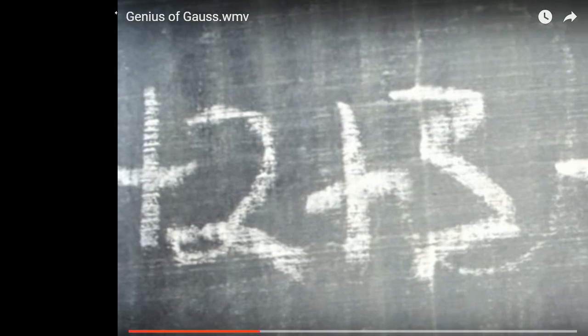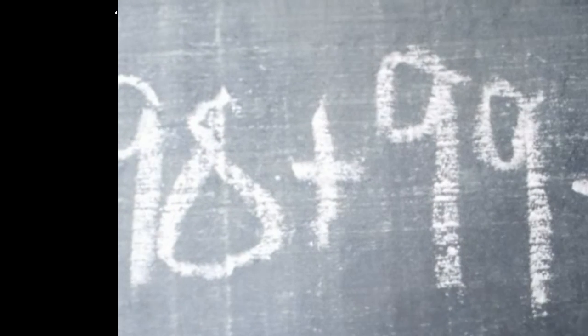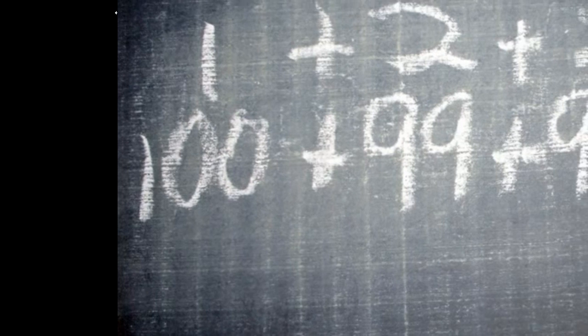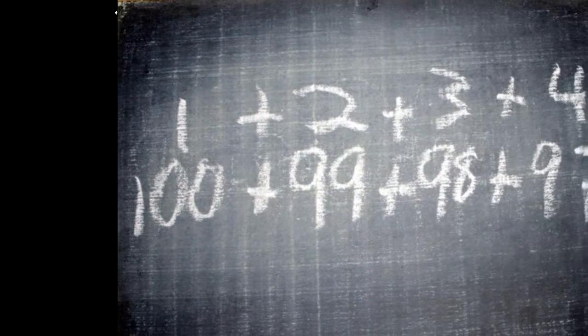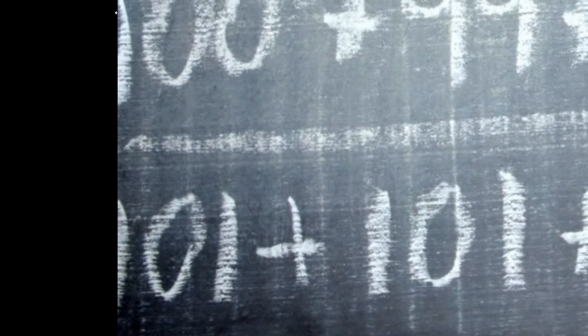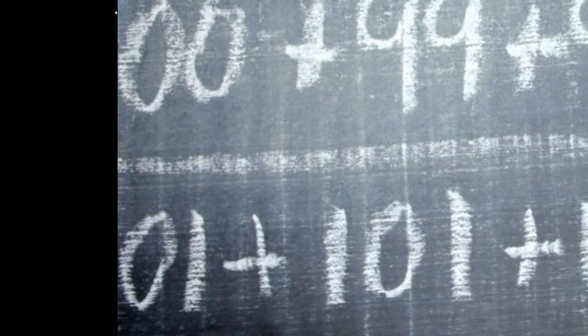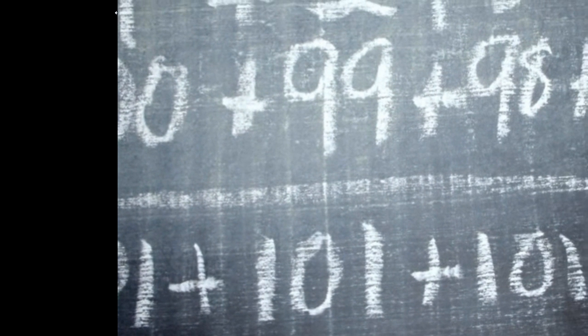So, how did I do it? Suppose we listed the numbers from 1 to 100. Underneath that, we list all the numbers from 100 down to 1, lining up with the numbers above. Once set up in this fashion, we see that each number on the first line added to the number below it on the second line gives us 101. 100 plus 1 equals 101. 99 plus 2 equals 101. 98 plus 3 equals 101, and so weiter.